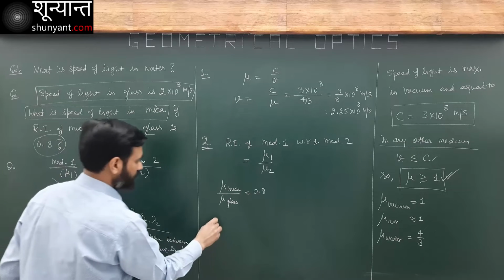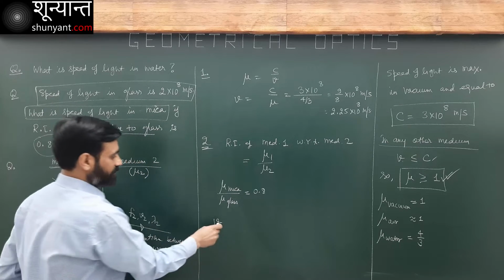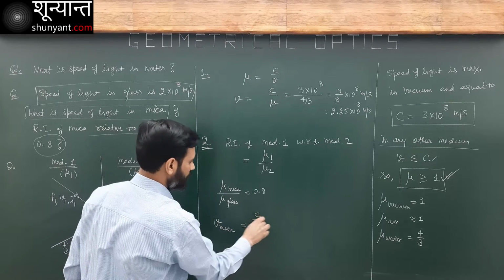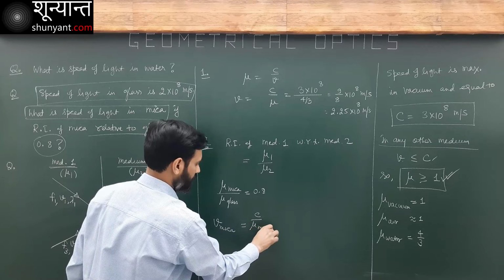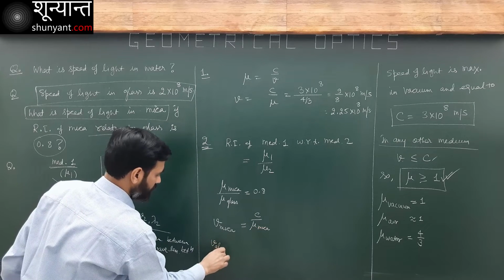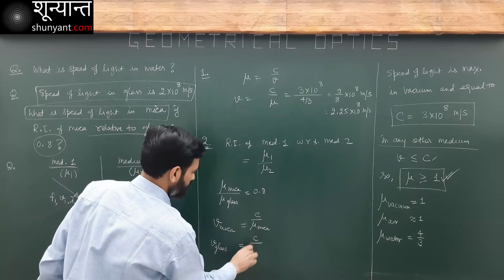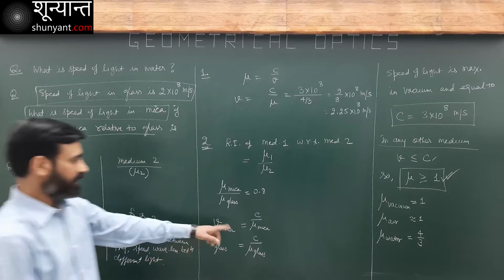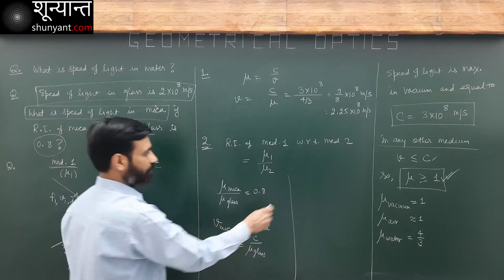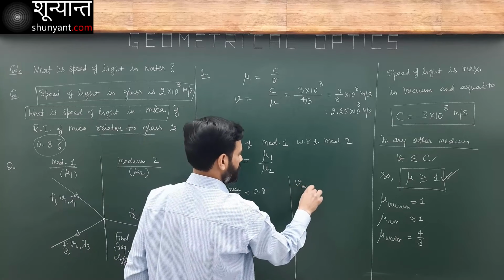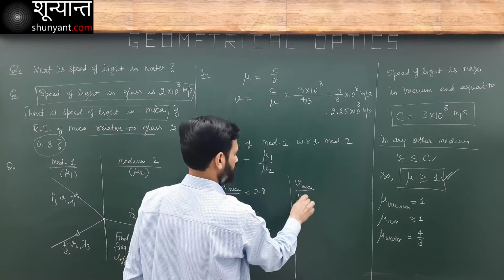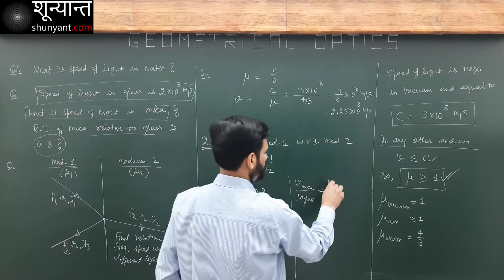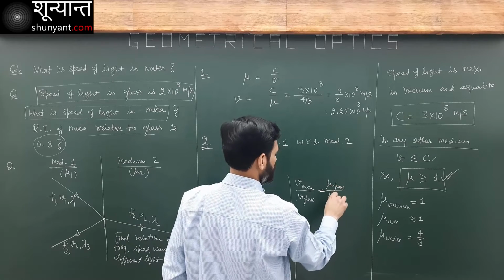The speed of light in mica is equal to C over mu of mica, and the speed of light in glass is equal to C over mu of glass. If I divide both, the speed in mica over the speed in glass is equal to, you see this will be reversed, it becomes mu of glass over mu of mica.